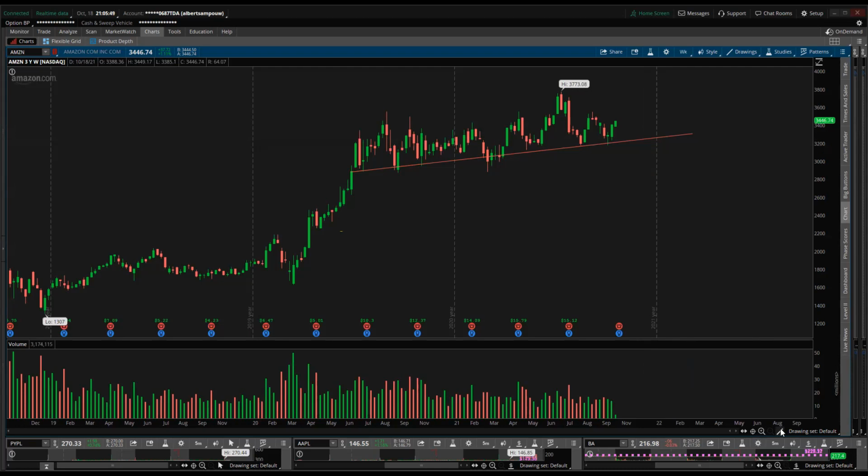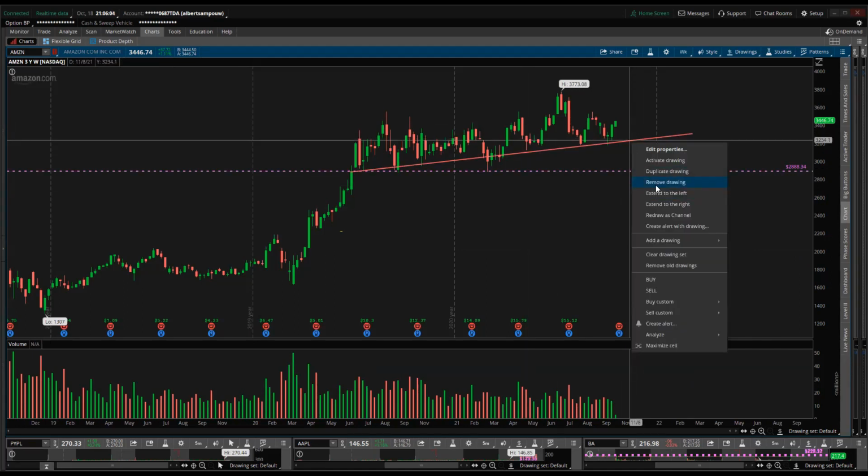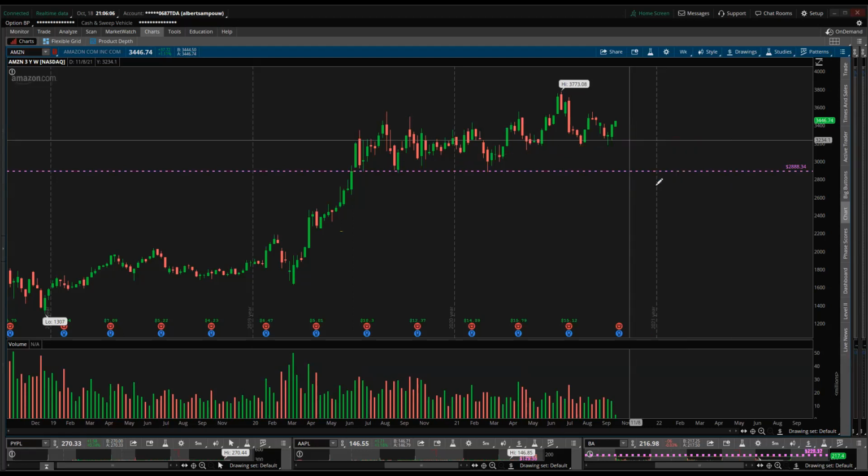How many of you know about this tool right here called the price level, where if you just click this, it'll just make a whole straight line across the board? That's what you want to use.